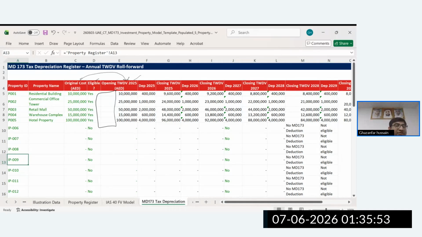But actually, one step is missing here. The depreciation before the first tax period is missing. So that is the additional working that you have to do to make it up to date. What is missing? The depreciation from the date of purchase till before 1st Jan 2025, that is December 2024 based on the scenario.